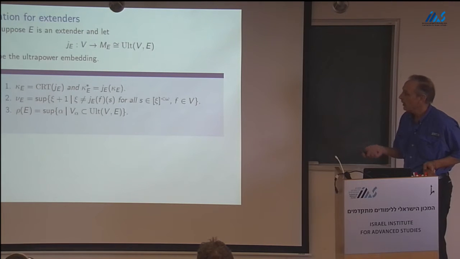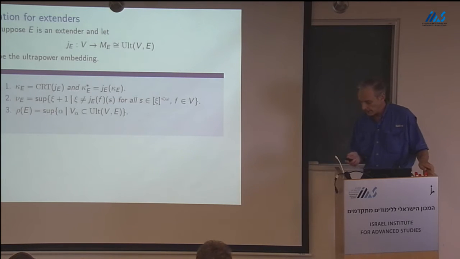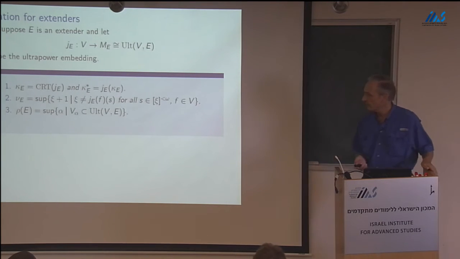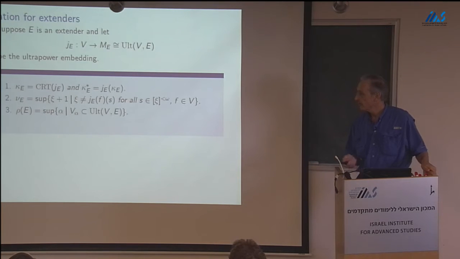Those are called generators, and this is the strict sup of generators, sometimes called the natural length of an extender. If the extender was just a measure on kappa, then nu_E would have only one ordinal in it. There'd only be one generator, the critical point of the embedding. Another really important ordinal associated to extenders is the strength, denoted rho of E, and it's just the sup of the alphas such that V_alpha is contained in the ultrapower.